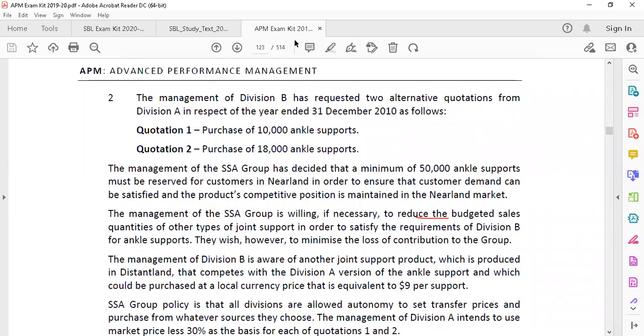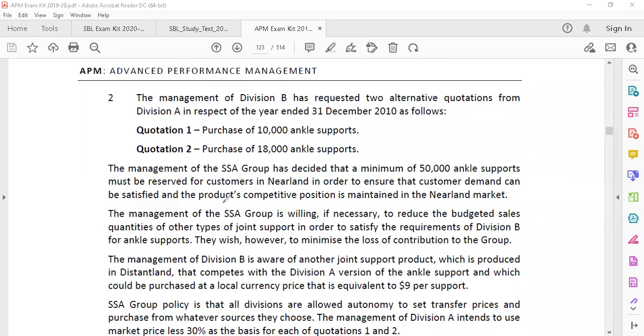Then we see the management of SSA group has decided that a minimum of 50,000 ankle supports must be reserved for customers in the near land in order to ensure that customer demand can be satisfied and the product's competitive position is maintained in the near land market.